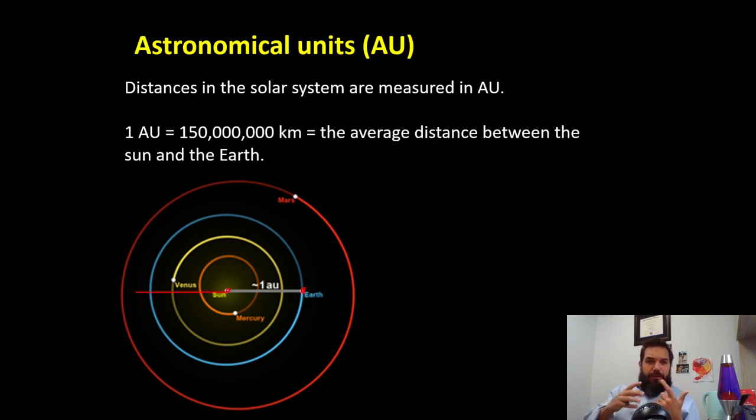Now, you might remember that Earth's orbit around the sun is not a perfect circle. So remember that the distance between the Earth and the sun is constantly changing. But the average distance, that's what we're going to use. It's equal to about 150 million kilometers. And so 1 AU is about 150 million kilometers, and it's the average distance from the Earth to the sun. That's how we're going to measure distances from different planets. Basically, we're going to be comparing it to the Earth, right?